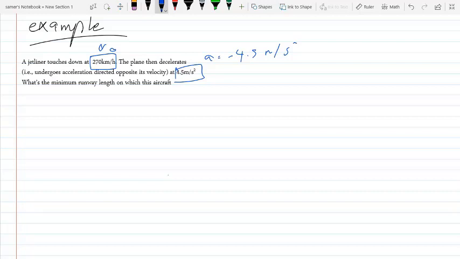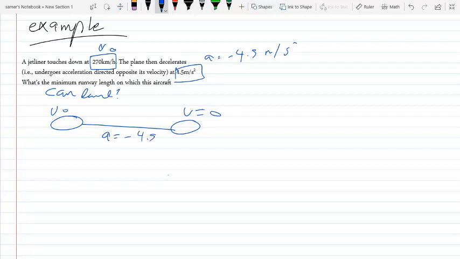What is the minimum runway length on which this aircraft can land? Here we have a problem involving one-dimensional motion with constant acceleration, and the object of interest is the airplane. The airplane has v0 and final v equals 0, and along the runway the acceleration is minus 4.5 meters per square second.